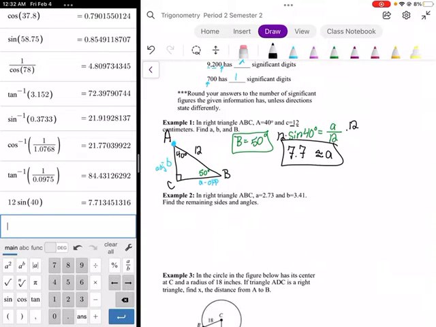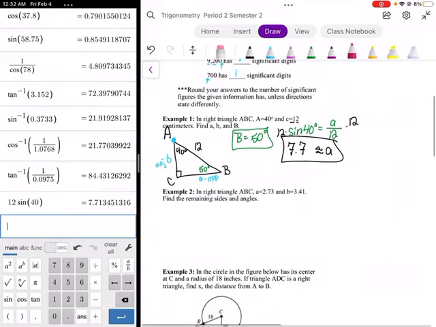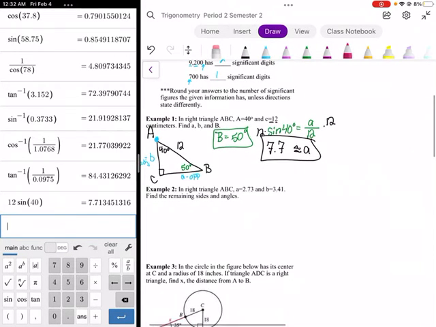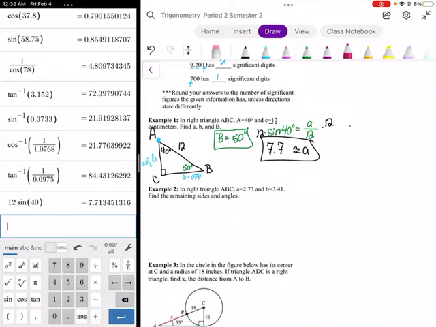Now, to find side length b, you could do one of 2 things. You can use the Pythagorean theorem, or you can use another trig ratio. I'm going to show you how to do it with another trig ratio. For this one, we would do cosine of 40 degrees equals b over 12.